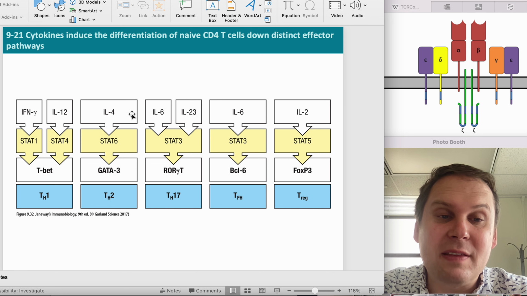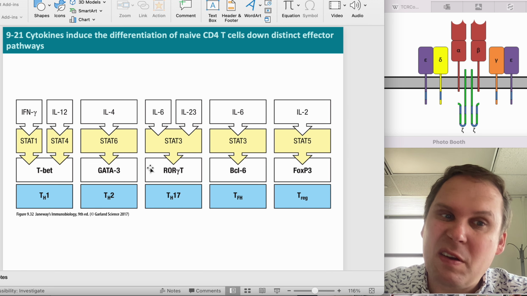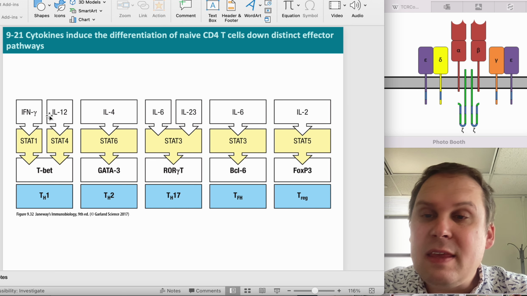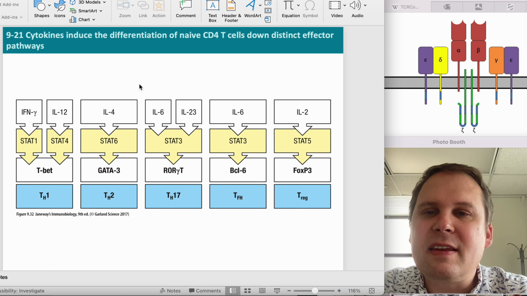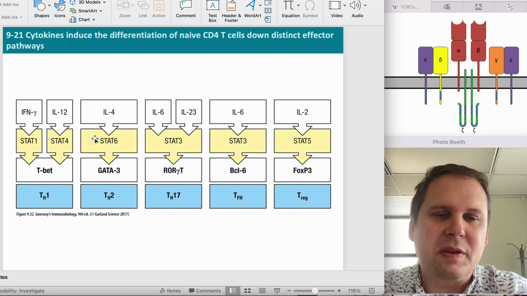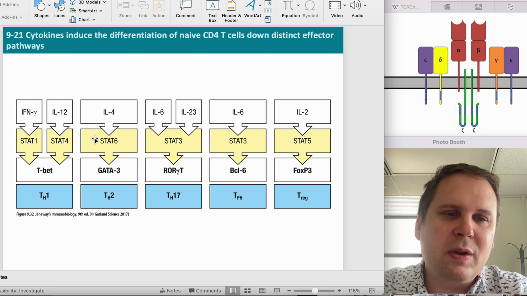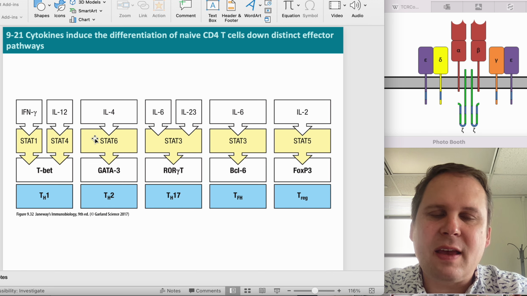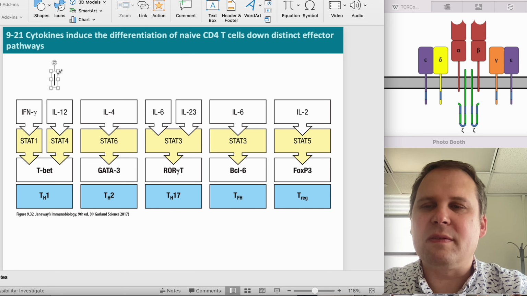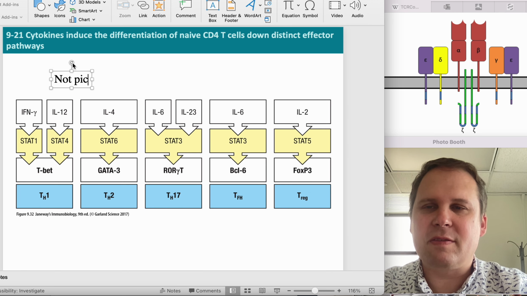So all these interleukins bind to interleukin receptors, which are all fairly similar. And interleukin receptors have ways of interacting with STAT proteins and phosphorylating them. The thing that they haven't said here is that there's usually a kinase stuck to the bottom of the interleukin receptor. One of the common ones is called JAK or Janus kinase. So, not pictured.